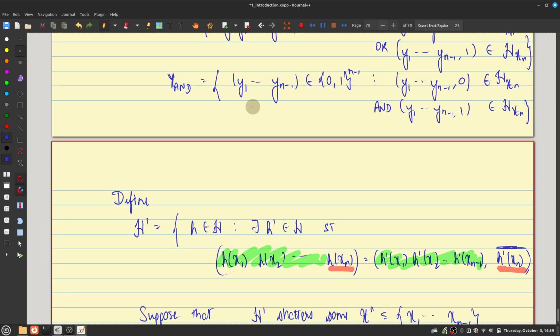There should be some h and some h prime such that h of x1, h of x2, and so on is equal to this particular vector. And there should be at least some other h prime such that h of x1 through h of xn is equal to this particular vector, which is exactly the statement over here. So in fact, these two sets are the same, y and this h prime.